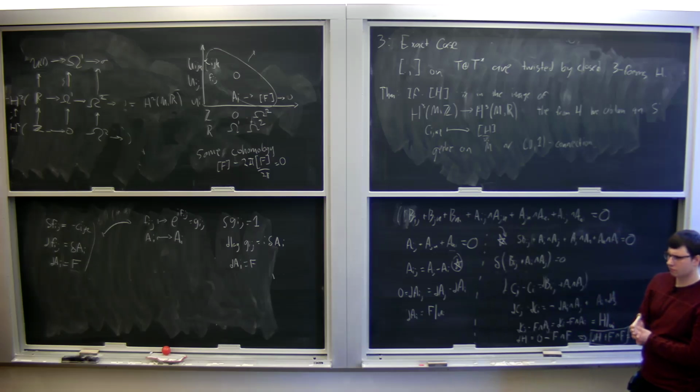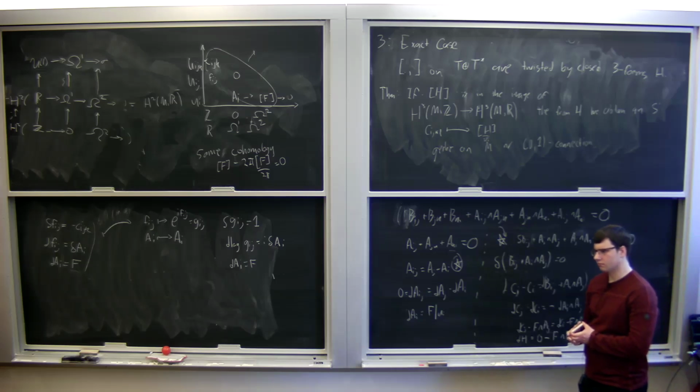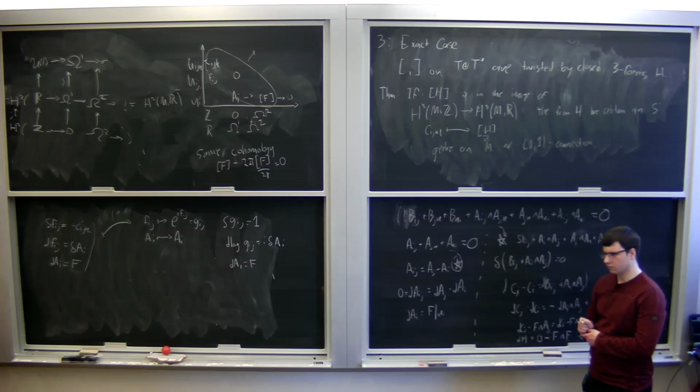H2 of the base is S2, so H2 is Z. And so you have an integer class, let's say the number 1, which would be the first Chern class of the Hopf bundle. So the first Chern class is not trivial, the curvature is not trivial, everything's fine. I'm saying if the curvature is 0, does that mean that the bundle has to be trivial?